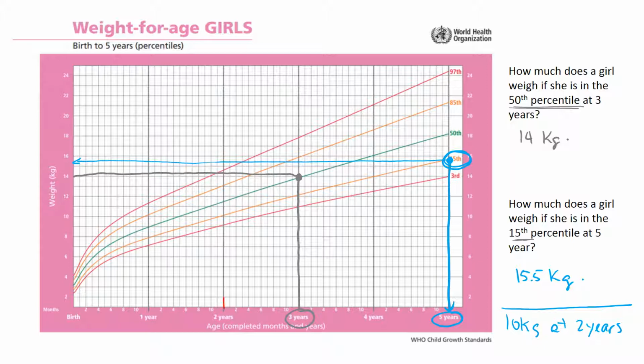So at 2 years old and 10 kilograms, that's approximately right there. Well, that is on the orange curve, which is the 15th percentile. So what that tells me is that my child is fairly low. Only 15% of children are going to be below that weight, and 85% of the children are going to be above that weight.